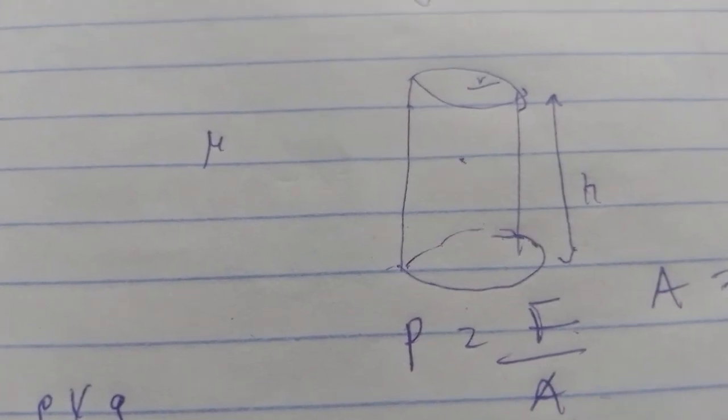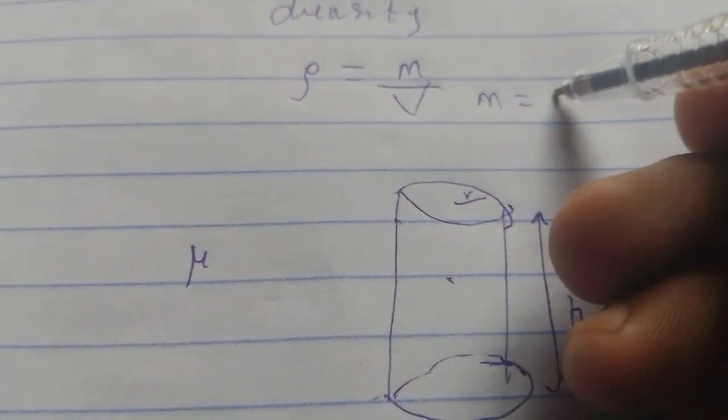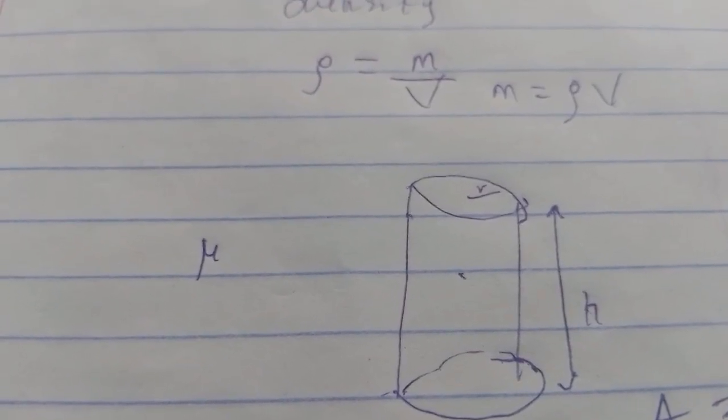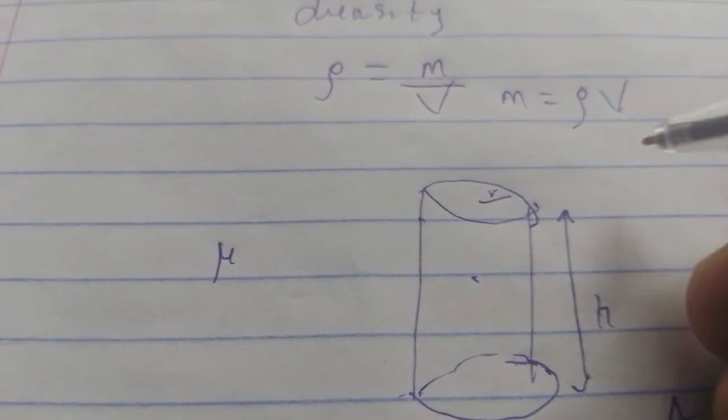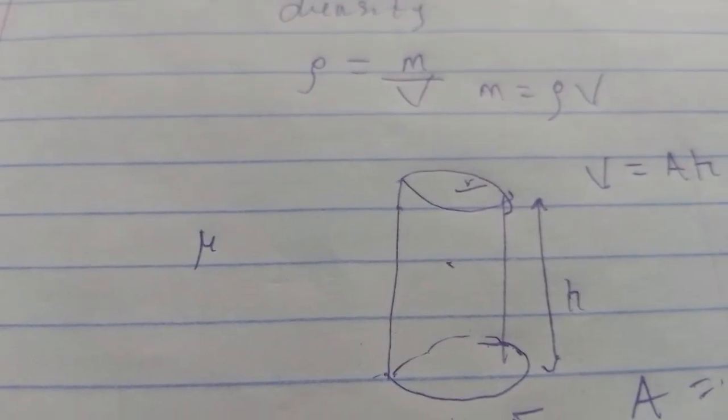If you remember from the earlier equation, density is mass over volume. It means our mass is density multiplied by volume. And we know that volume is area times the height.